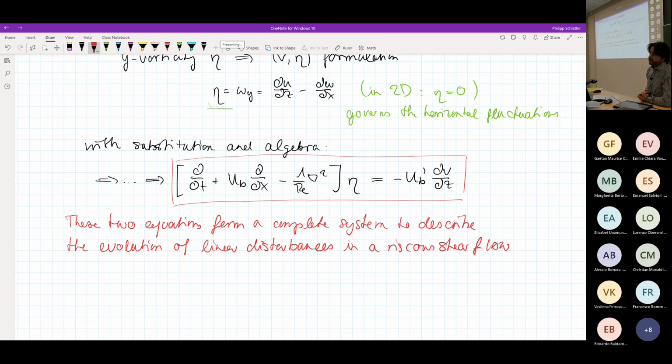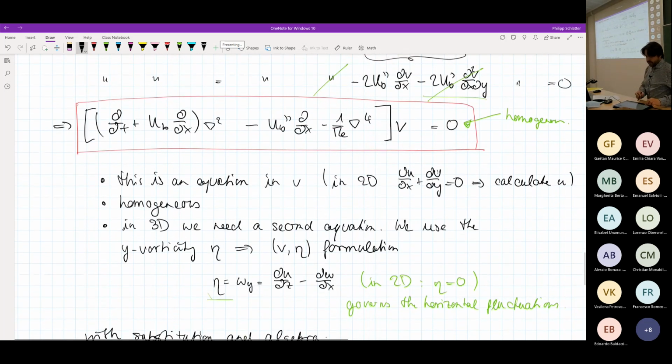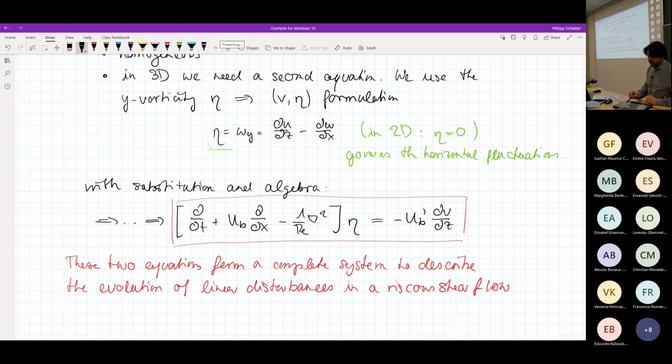Apart from the assumptions in the beginning, where we said it's a parallel flow and it's linearized, we have not done any more approximations. This is really the linearized Navier-Stokes equations for the parallel flow. And what you can see now, if you look at these two equations, is that the V equation is independent and the eta equation depends on V. So if you think of the sequence of how to solve that, first you would solve the V equation, you get a V disturbance, and then you would take your V and put it into the eta equation and then solve the eta equation.